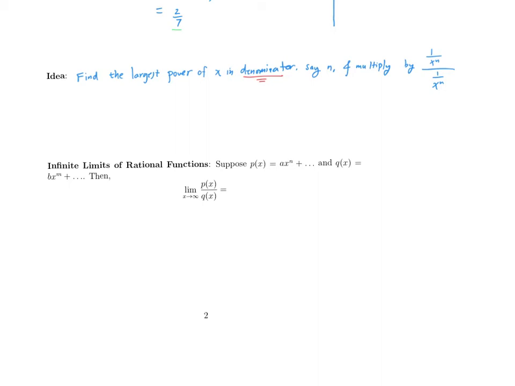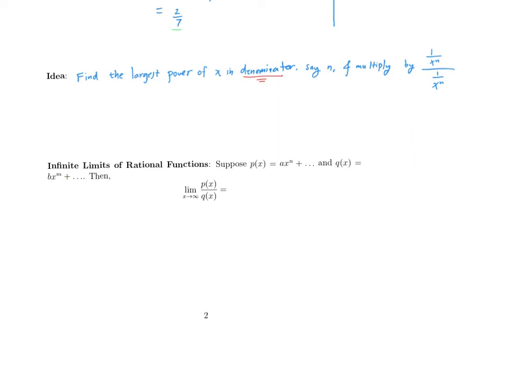So if we have a rational function, remember that's a polynomial over a polynomial. And if the polynomial in the top has this form ax to the n plus some lower order terms, and q of x has the form bx to the m plus some lower order terms. So note it's going to be all about the degree in the top and the degree in the bottom.